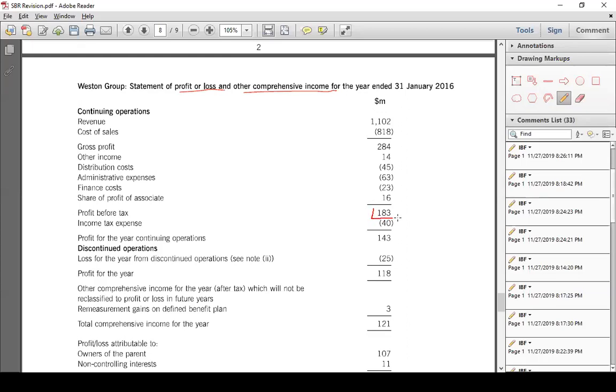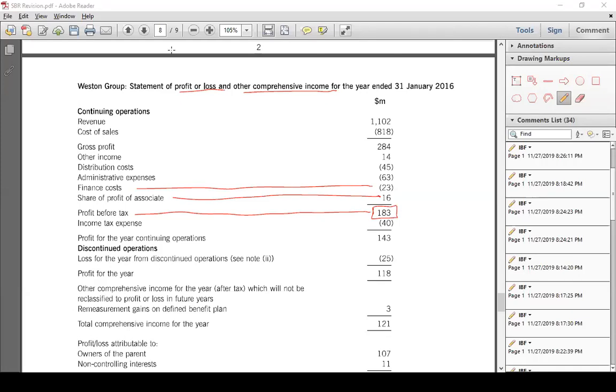So if we see in this question, we have a profit before tax of 83. We have a share of profit of 16, a finance cost of 23. Yes, and I will name that question in a while.